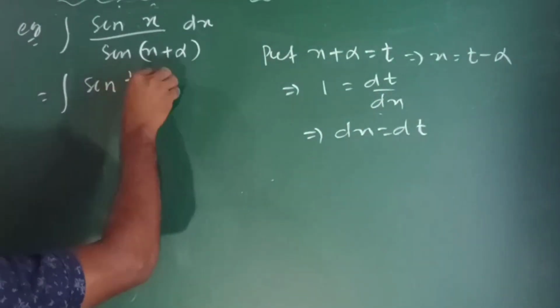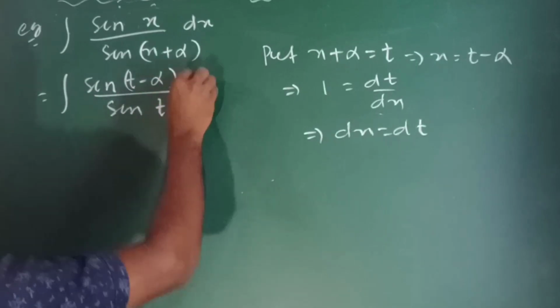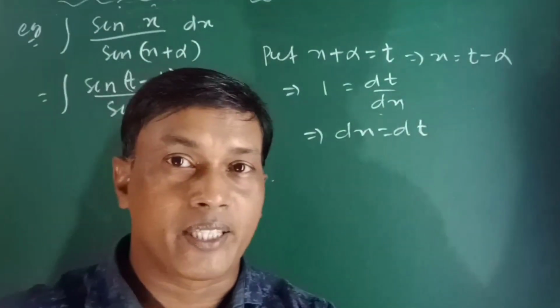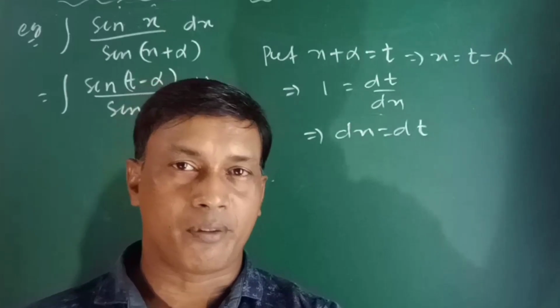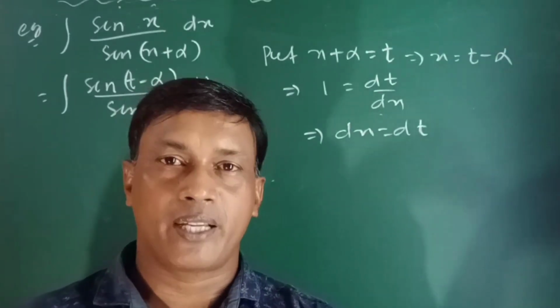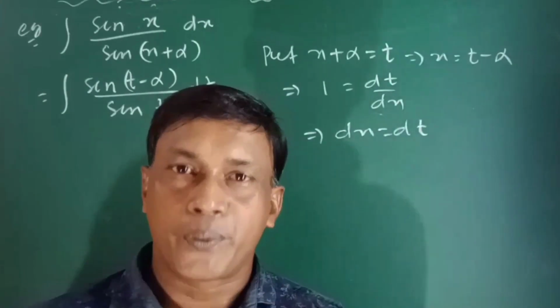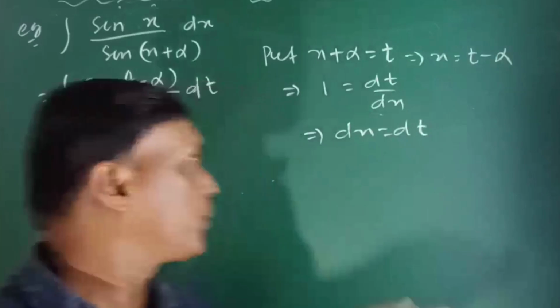So this is sin(t minus alpha) by sin(x plus alpha) is t, dx is dt. So this comes to another form where the numerator consists of two terms, and you have to expand it as the formula for a plus b or a minus b. Wherever you see two terms in the numerator, you have to expand, and expanding will solve it. So this is the form.